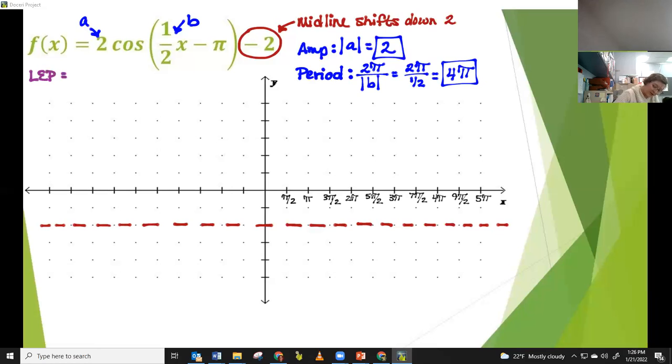Cosine, we still start our trip around the unit circle at 0. So I'm still going to take my left endpoint and set it equal to 0. So 1/2 x minus pi equals 0. Add pi to both sides. I get 1/2 x equals pi. When I divide both sides by 1/2, what am I going to get for my left endpoint?